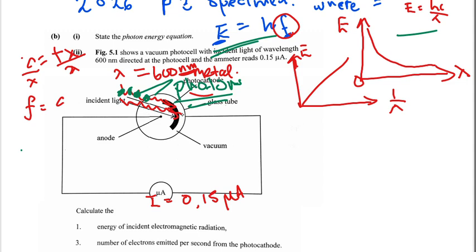When you are looking at it, you must see it as energy that is coming in the form of packets, and the energy in each packet is the energy of a photon.